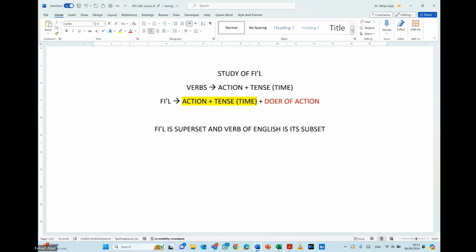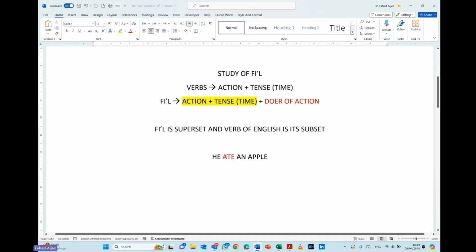Some examples. For example, if you say "he ate an apple". From the English perspective, "ate" is a verb. Please stop me if you're getting confused and you have any questions.